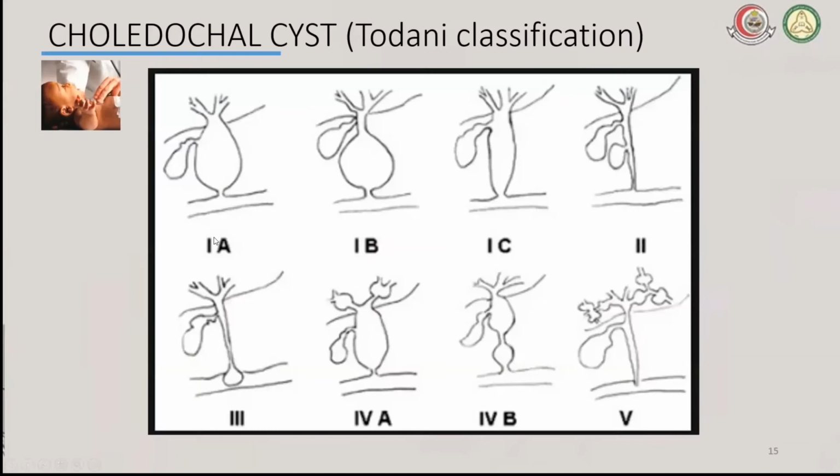This is the Todani classification: type 1, which is the fusiform and the common form; type 2, which is the diverticular; type 3, when there is a choledochocele within the duodenum; type 4, which is intra- and extrahepatic; and type 5, which sometimes we call Caroli's disease, and it is mainly intrahepatic.